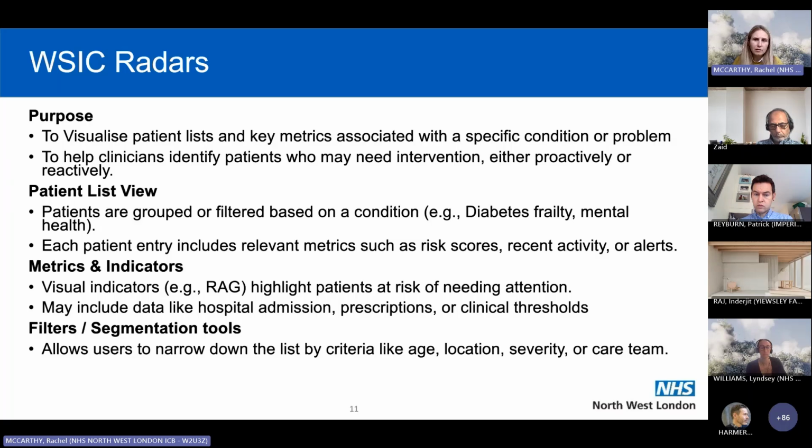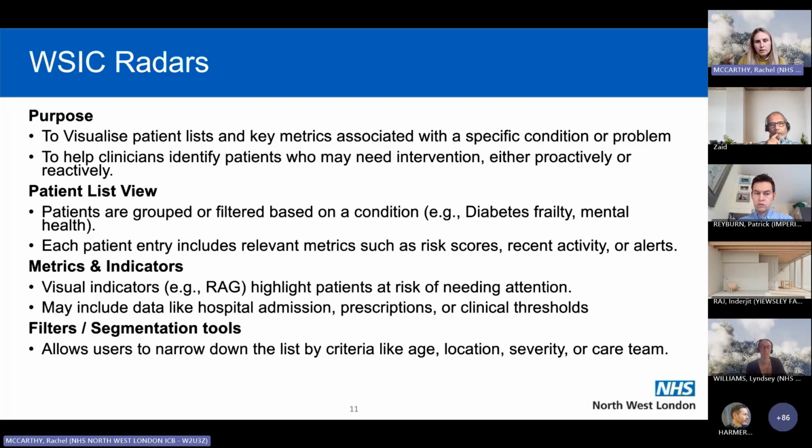HIU has specific logic around having 6 or more ED UTC attendances in the last 6 months. For frailty, it's your EFI score, excluding those who have a score of fit, so your mild, moderate, severe patients. So there are lots of different ways of saying, out of the entire WSIC database, what's the cohort of people that we want to see on this patient list.